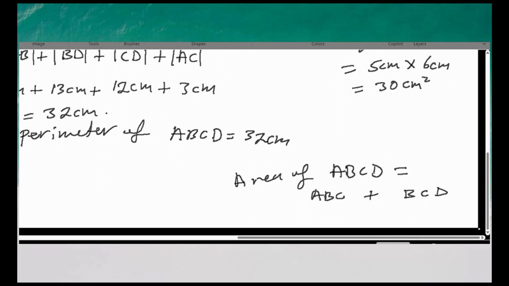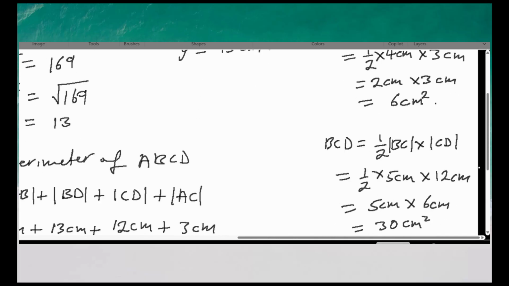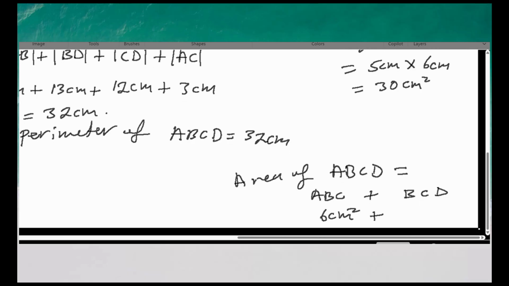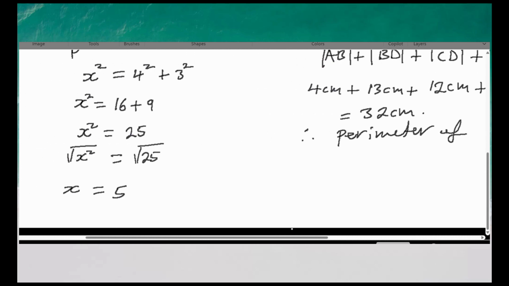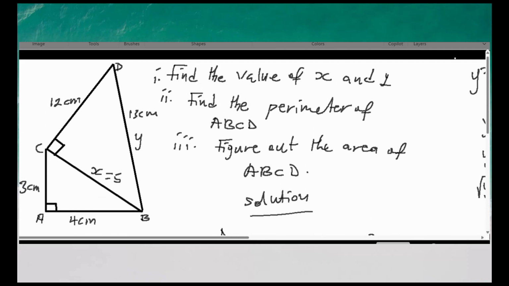So we're going to write 6 centimeters squared. Sorry, it's 6 centimeters squared, not 6 centimeters. Then the area of BCD is what? 30 centimeters squared, which in total is going to give us what? 36 centimeters squared. Right.